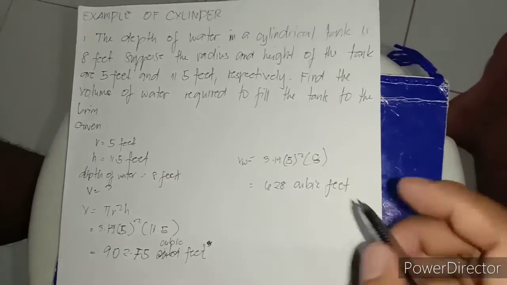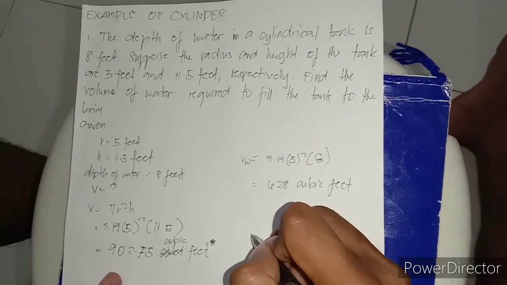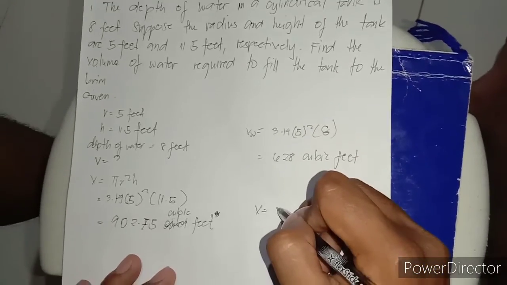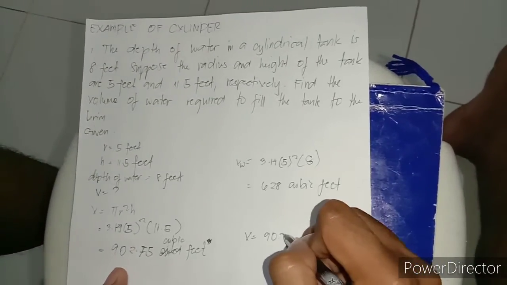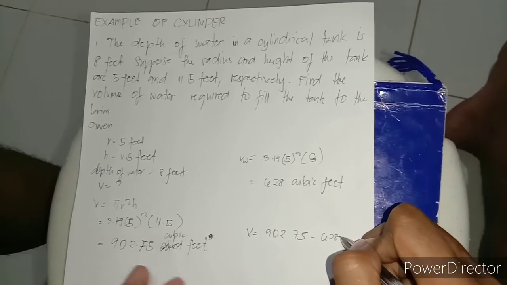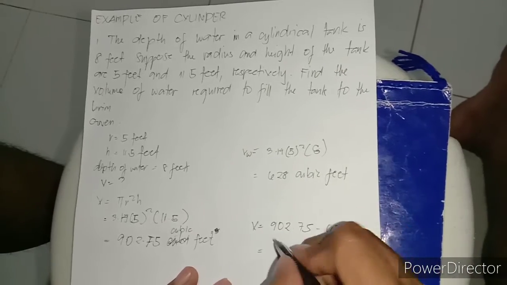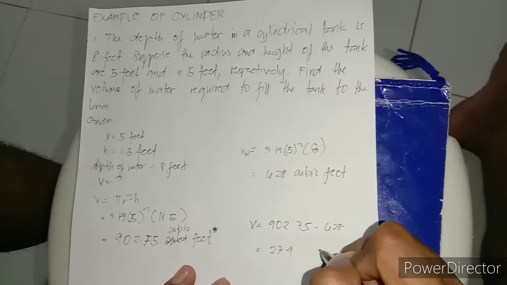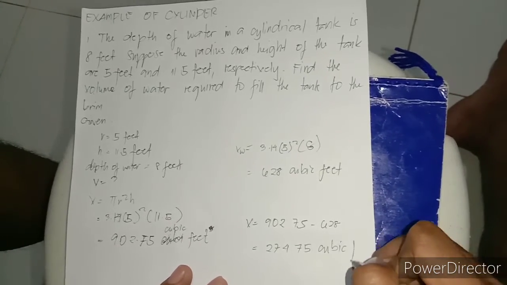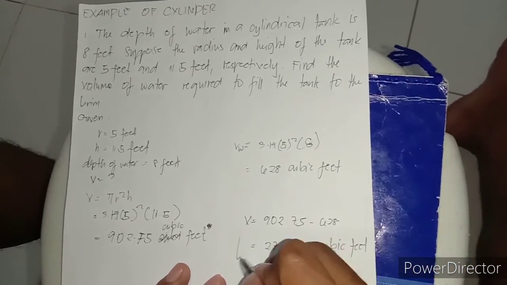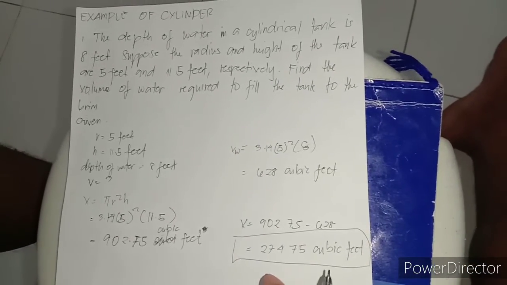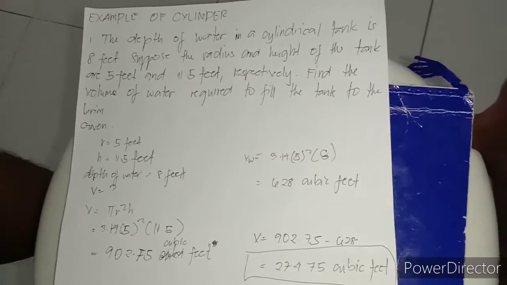So volume required: 902.75 minus 628 cubic feet is equal to 274.75 cubic feet. So this is the volume required to fill the tank to the brim.